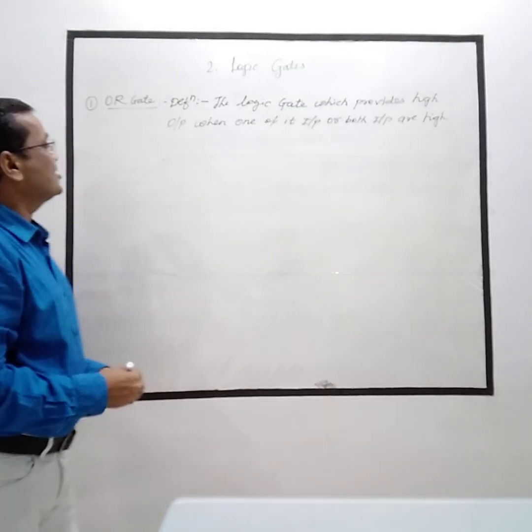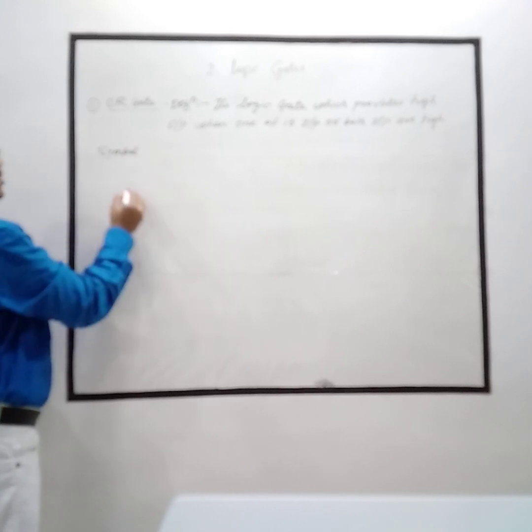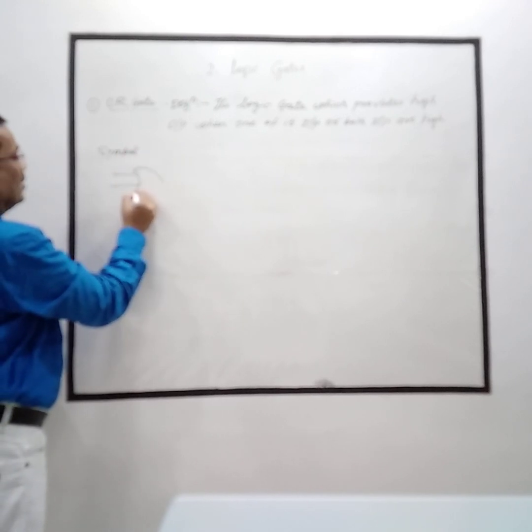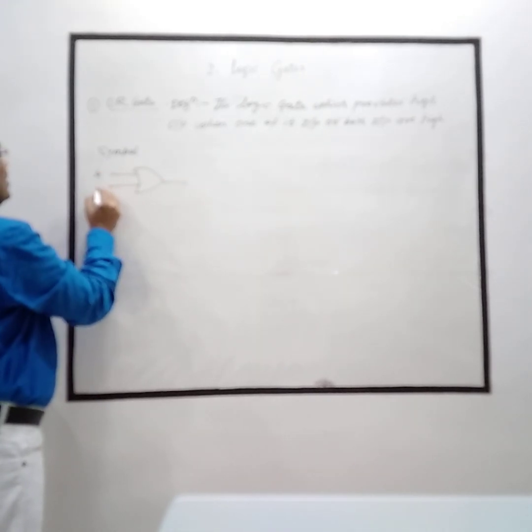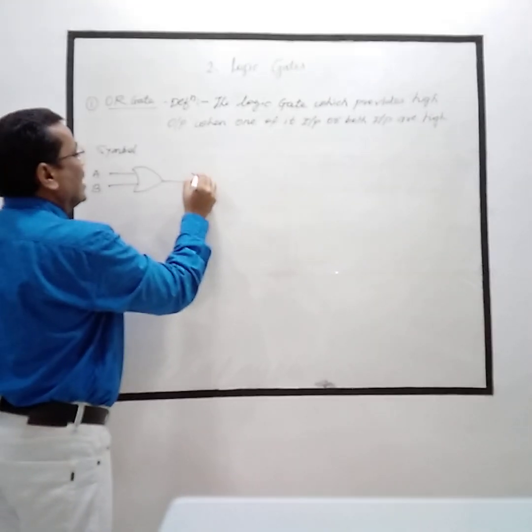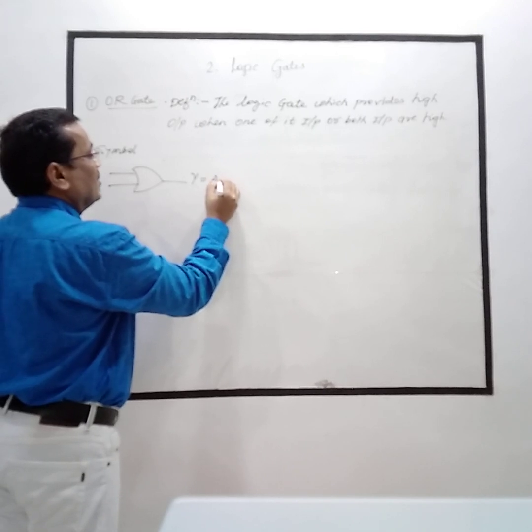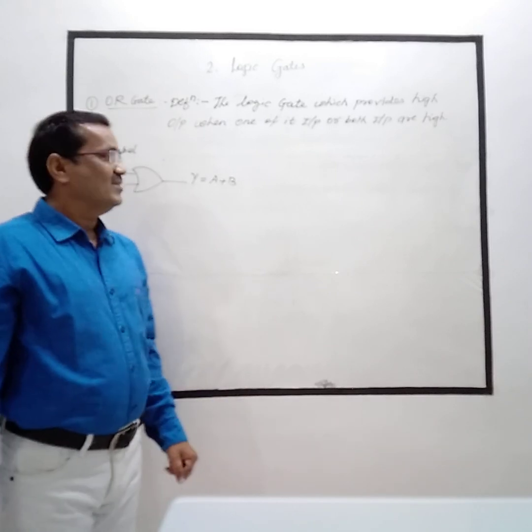Next, the symbol of OR gate will be like this. It has two inputs here, A and B, and Y as output. A ORing with B. OR means to add.